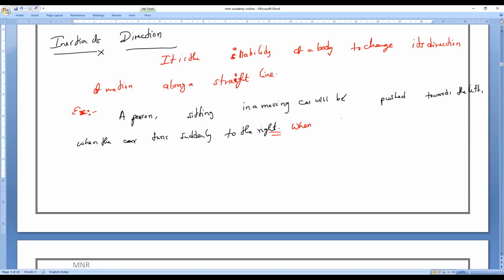Okay. So when the car takes a sharp turn, like a U-turn, like at Namana Samudram if you take a sharp turn to the right, it changes its direction of motion.